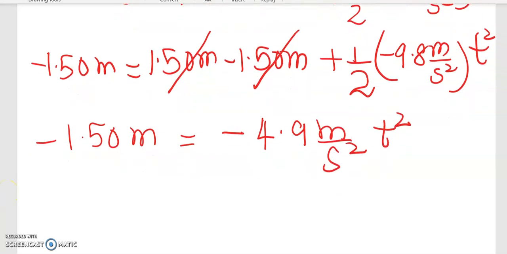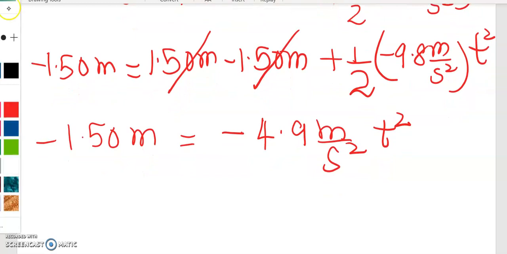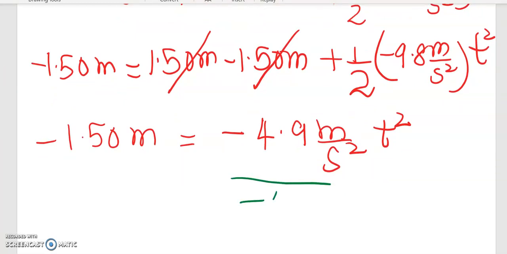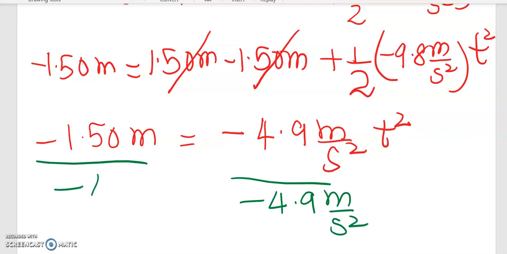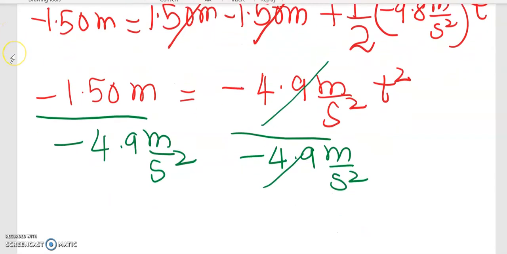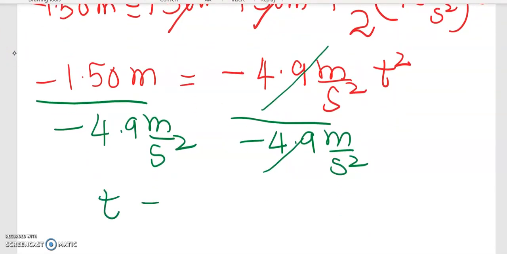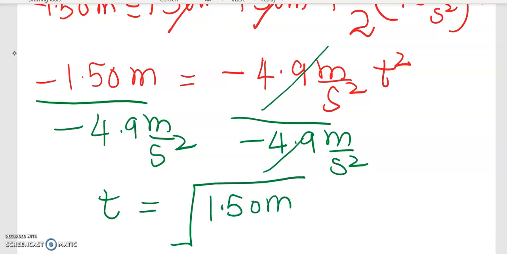And then you can divide both sides by negative 4.9, and you can cancel out. And for time, you get t is equal to the square root of 1.50 meters divided by 4.9 meters per second squared.